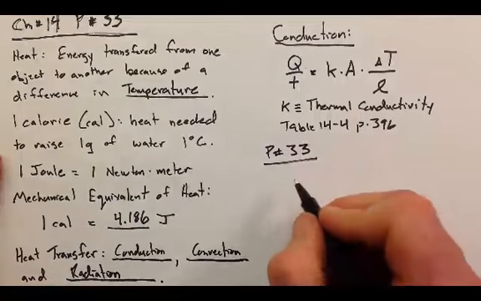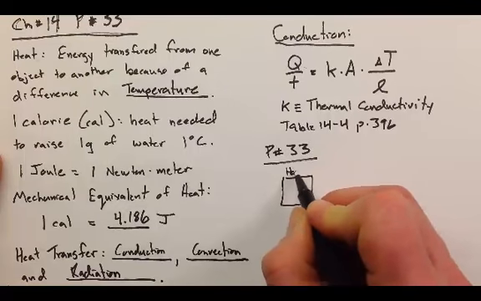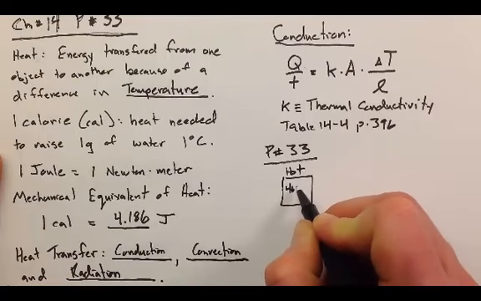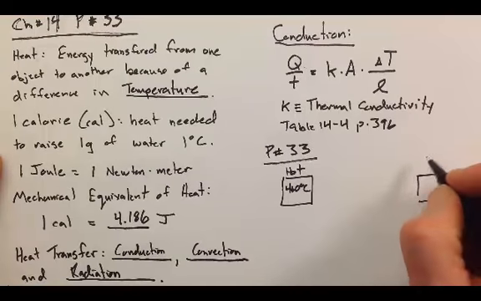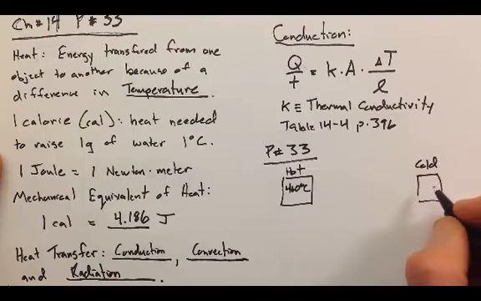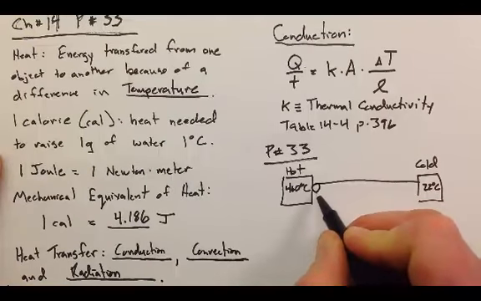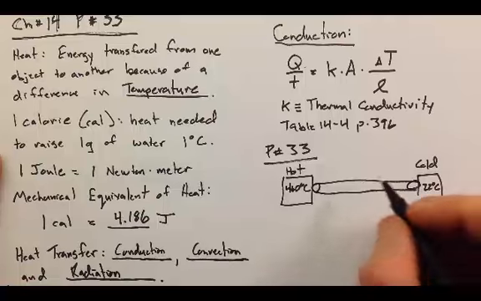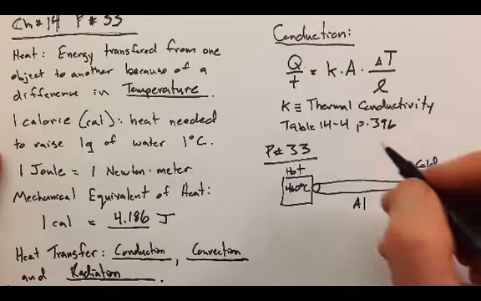Okay? So problem 33 states I have a hot object that is 460 degrees Celsius, and I have some cold water at 22 degrees Celsius. I have a rod of aluminum that is between these two objects.